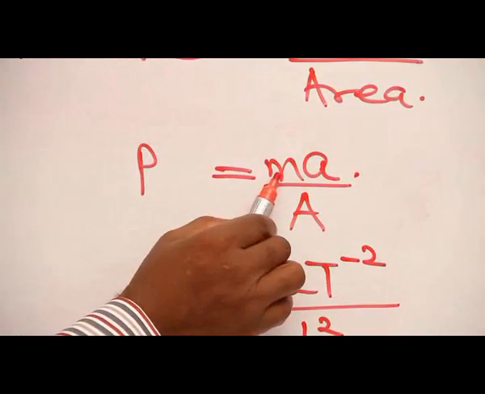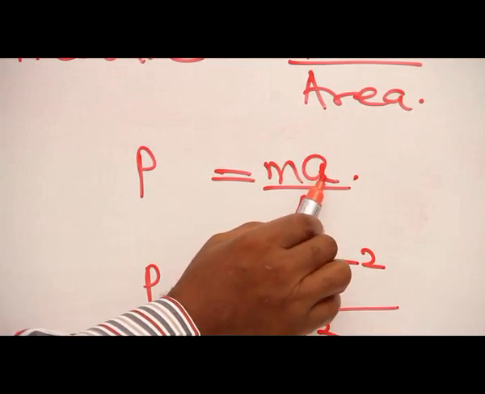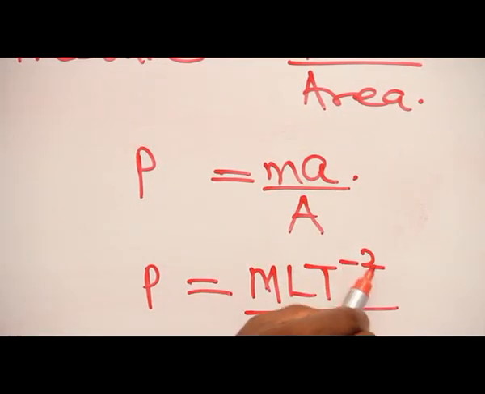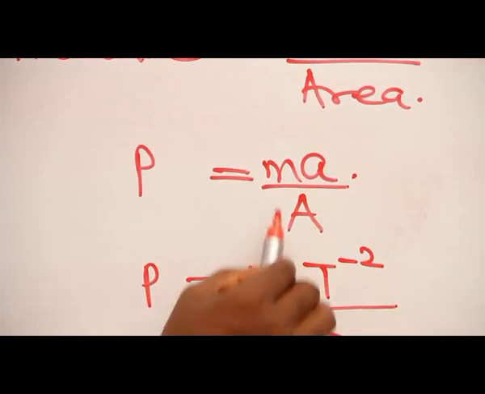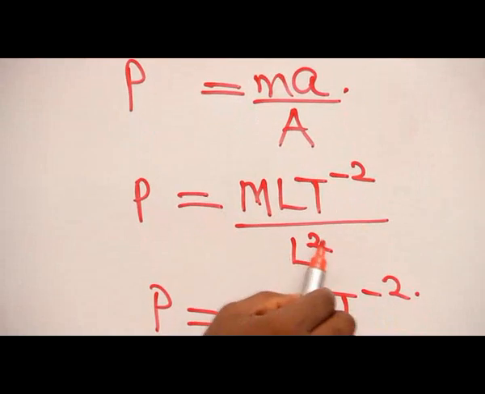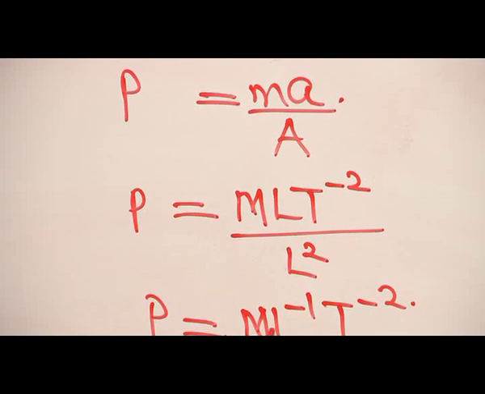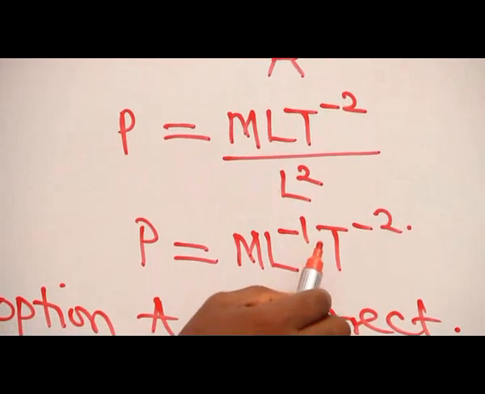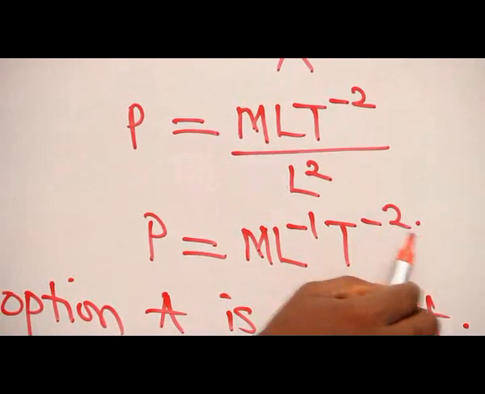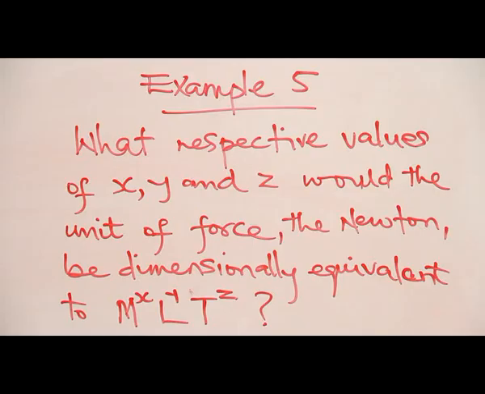The dimension of mass is capital M. The dimension of acceleration is LT^-2. Divide by the dimension of area, capital L squared. Then by the time you finish, you now have ML^-1 T^-2. Option A is correct.